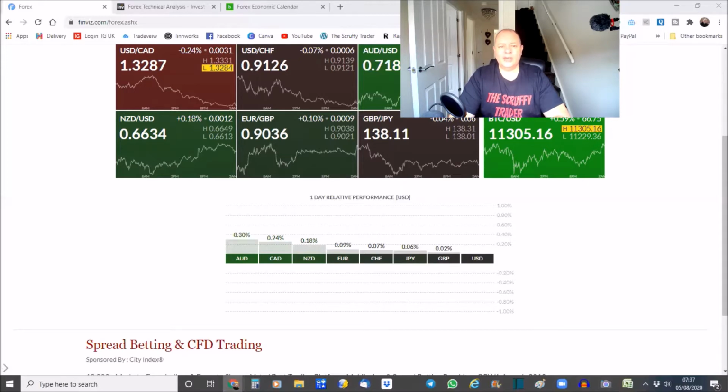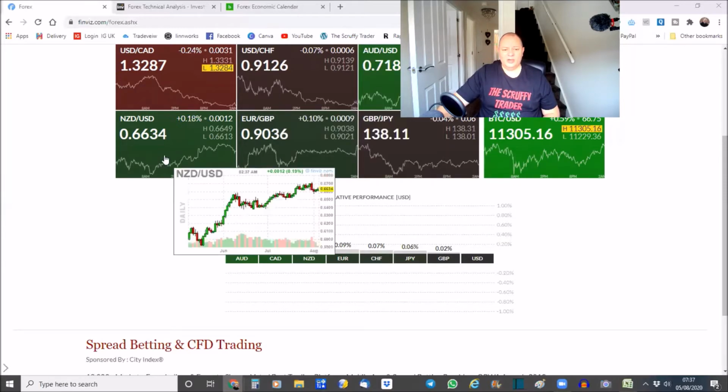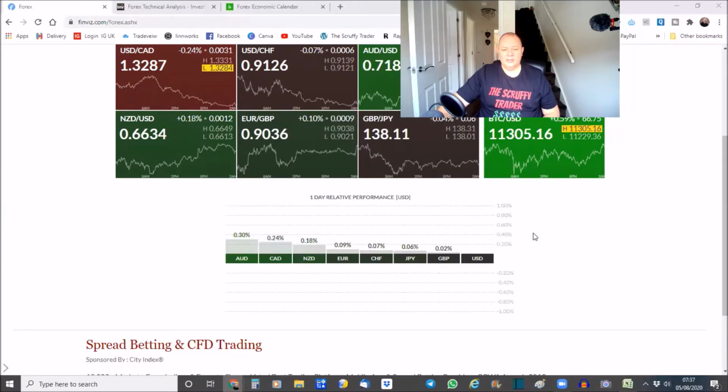I always start my day in the same place, which is Finviz. I'll have a quick look at this heat map, but it's really this block. If you've never seen it before, it's an excellent snapshot of the movers and the shakers in the forex market.